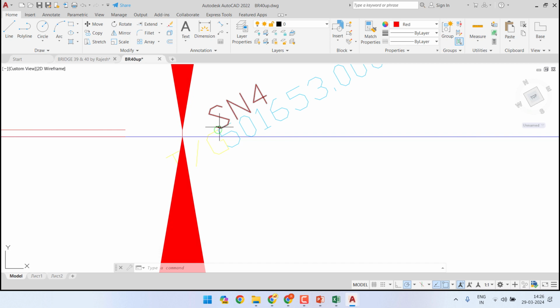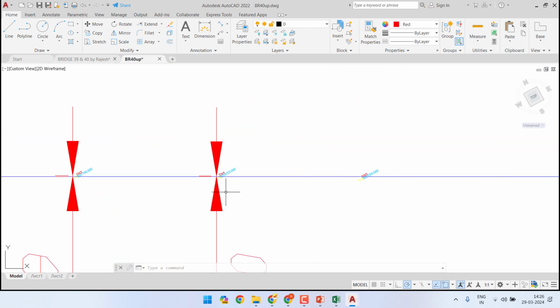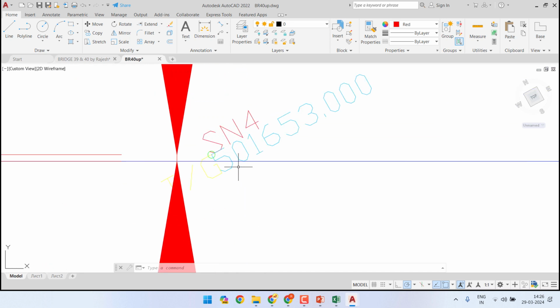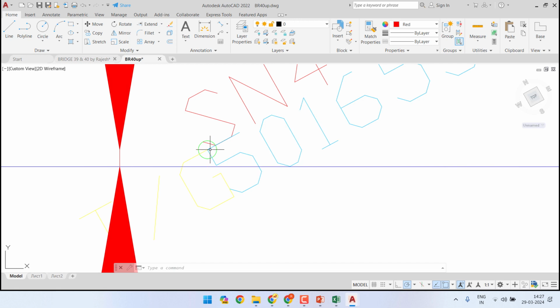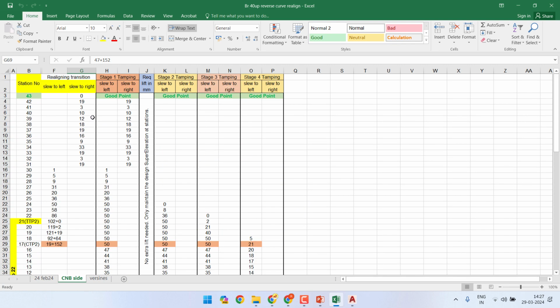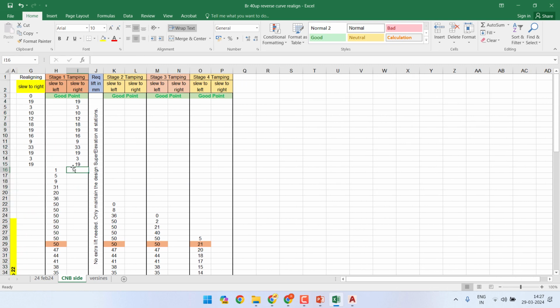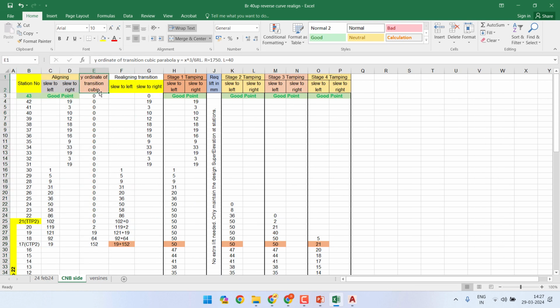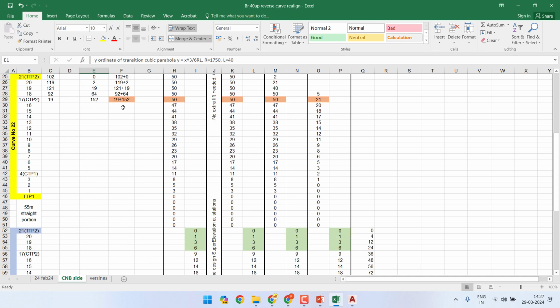So station number 4, that is CTP1, is 47 mm left side or outside the terminal tangent, when in fact it should have been a value of 152 mm right side of the terminal tangent, where 152 value we get by this formula. The y coordinate of cubic transition formula, we get one value 152.